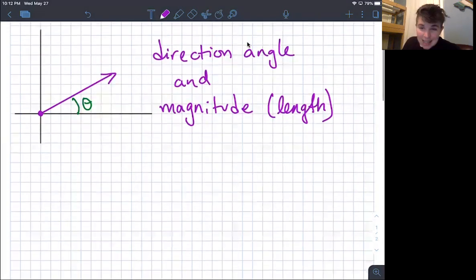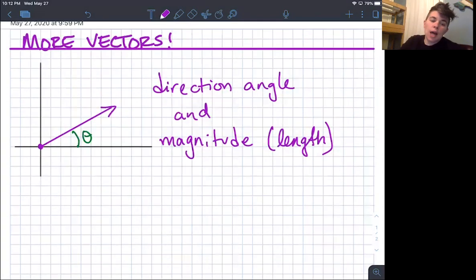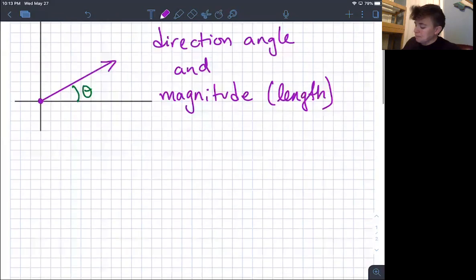Last time I talked a lot about how to find the direction angle using SOHCAHTOA, and finding the magnitude or length using the Pythagorean theorem. We did a few examples, so if you want to know how to do that, go back to Vectors Day 1. Today, I'm going to talk about doing operations with vectors, so adding, subtracting, and multiplying vectors.